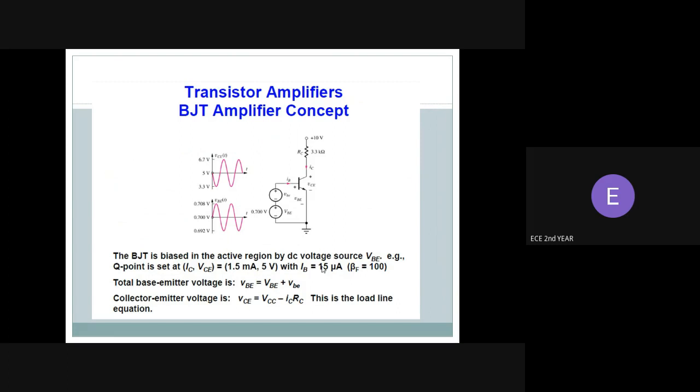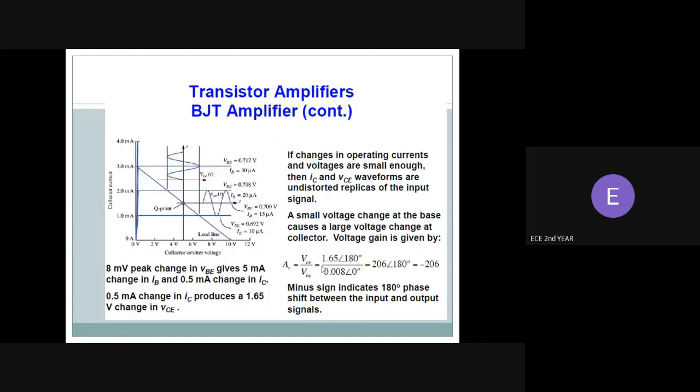Battery voltage VCC is equal to VC plus IC RC. This is the load line equation, and it is going to be seen in the next slide. BJT amplifier continued. You can see the Q point over here. In this diagram, we can see many other things. Draw this diagram and take down this thing.